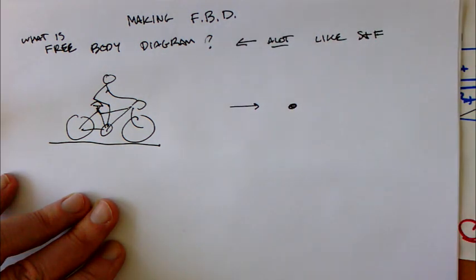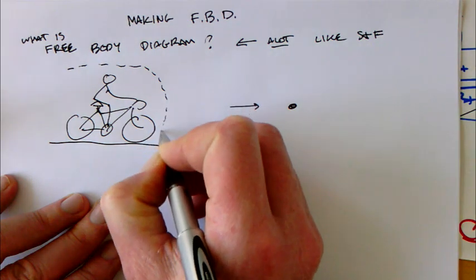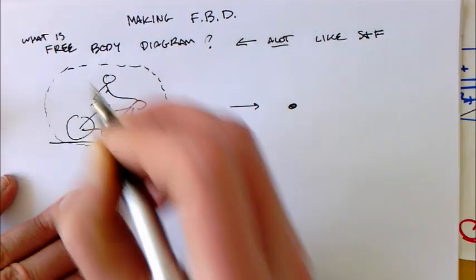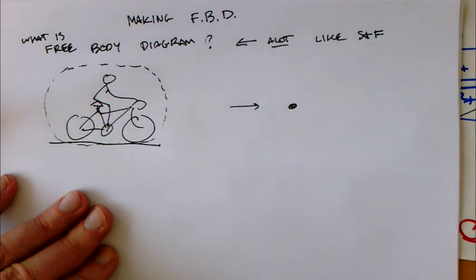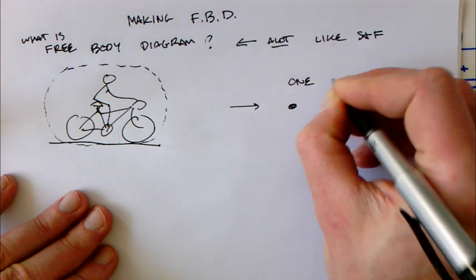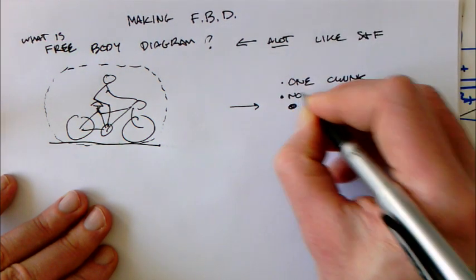Right? And what that means is that if I were to draw a system diagram here, I would say I'm thinking about this whole thing, bicycle plus rider, as one chunk. I only have one chunk in the system. So it's one chunk, and I'm not thinking about rotation.